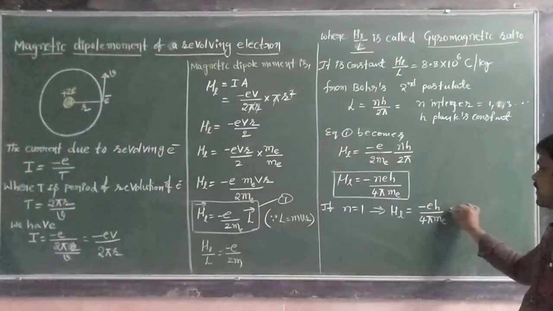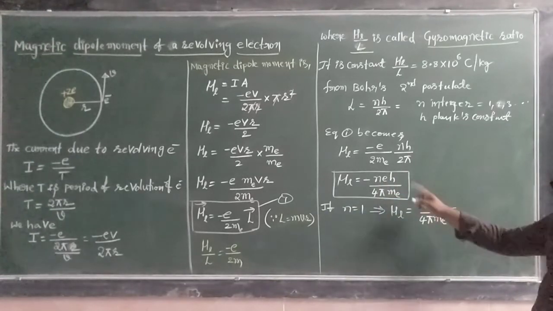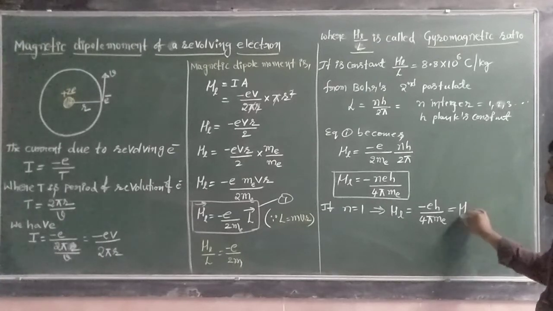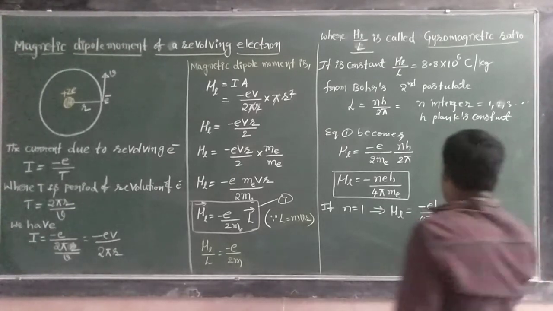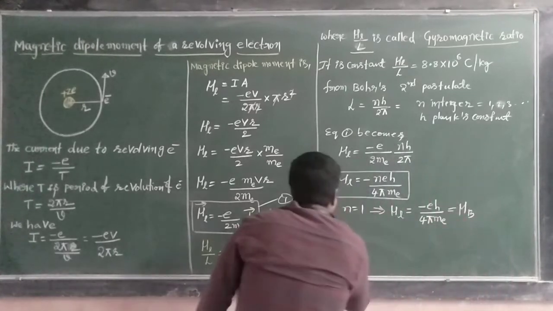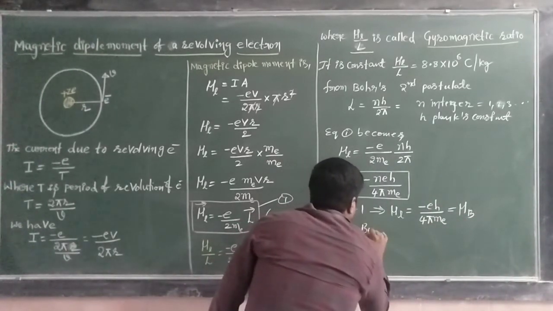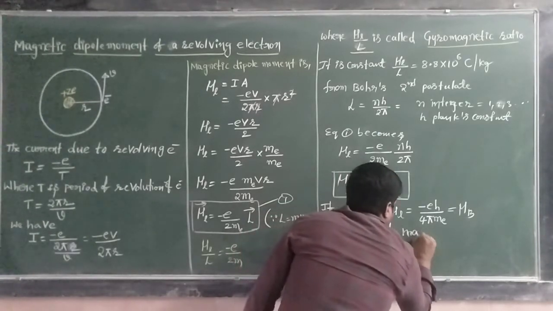When you take n is equal to 1 in this equation, the value we get is equivalent to mu B. Mu B is nothing but the Bohr magneton.